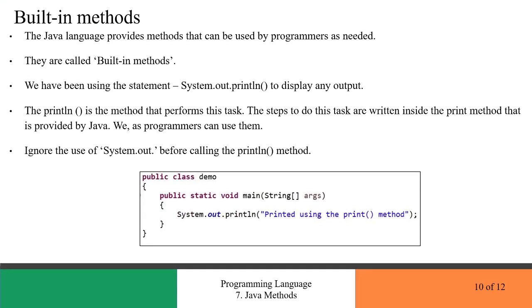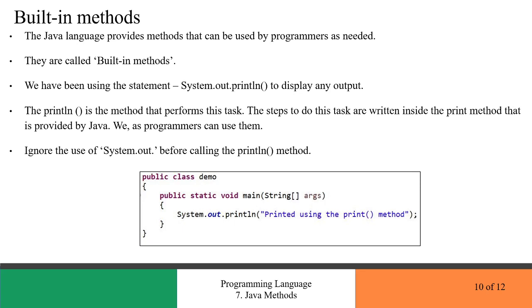Let us have a look at what built-in methods in Java are. The Java language itself provides methods that can be used by the programmers when they need a certain functionality. These are called built-in methods. Until now, as a part of our examples, we have been using the line System.out.println to display any output.